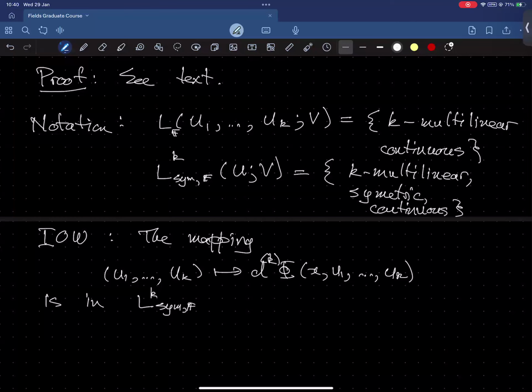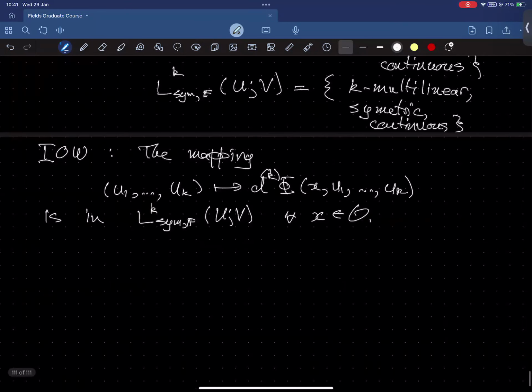That's what Schwarz's lemma says, and this is true for every x in O. Sorry for all the tediousness, but all of this stuff is going to be used later, so we have to get it all down, unfortunately.